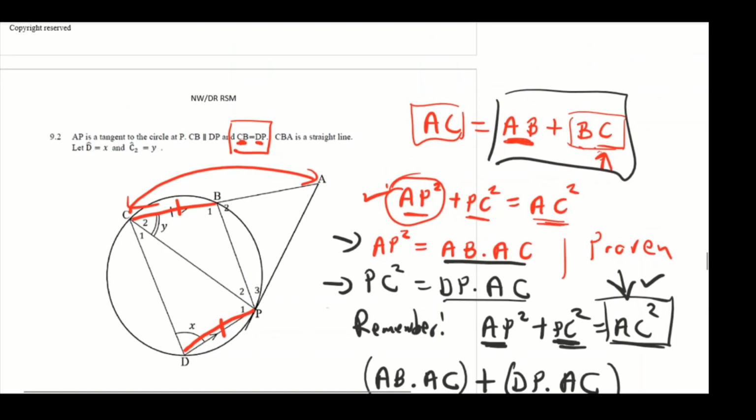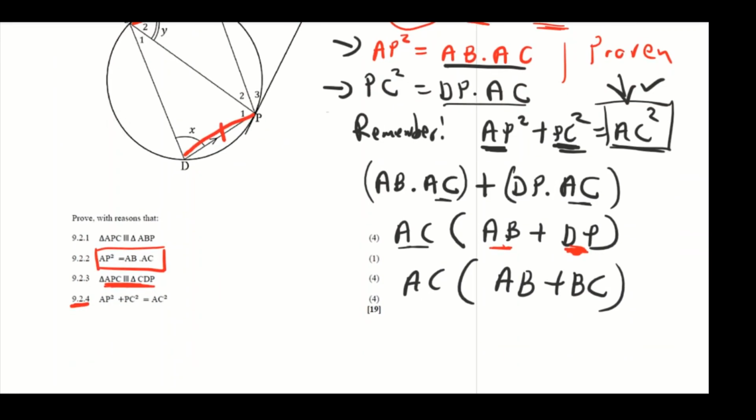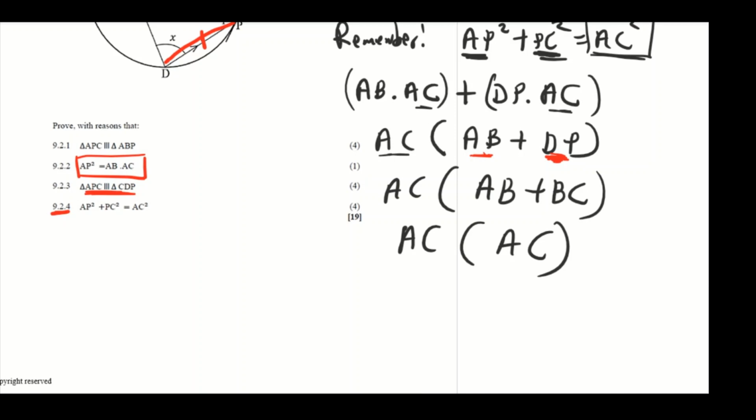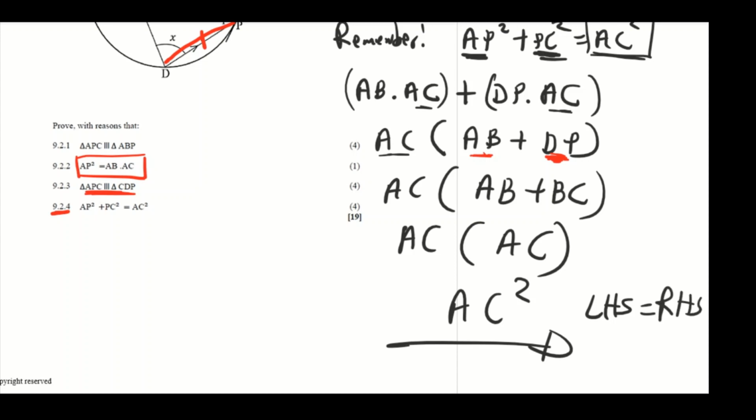And as this states, the combination of AB plus BC gives you AC. So we're just going to say AC into AC, right? And then when you multiply both, it gives you AC squared. So you are done proving the left-hand side is equal to the right-hand side. So you are done solving this question here. Thank you so much for watching.